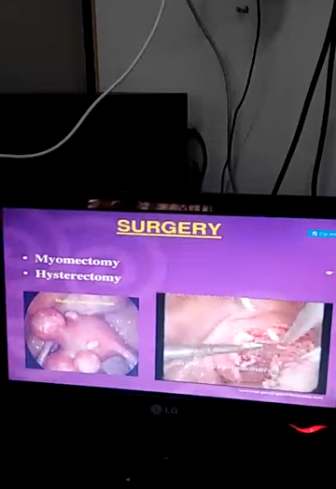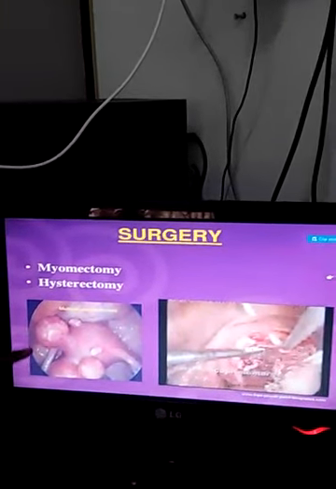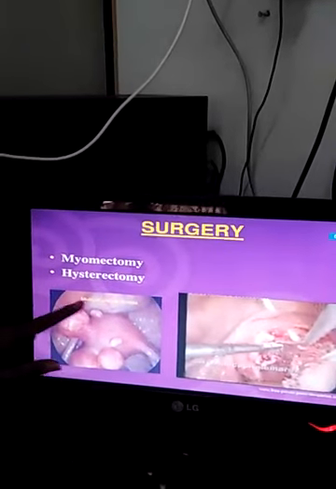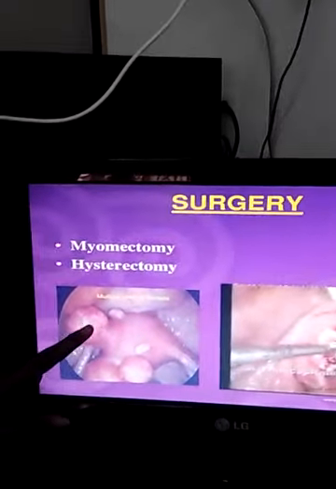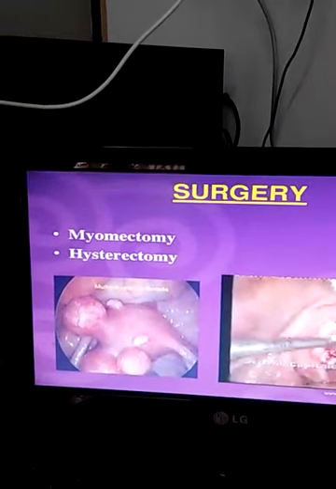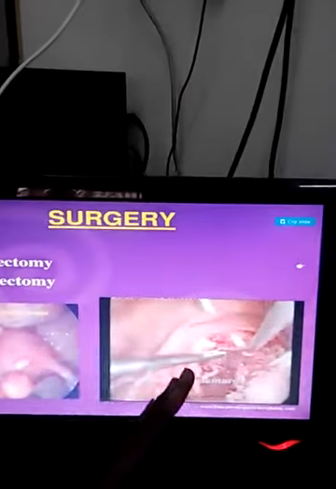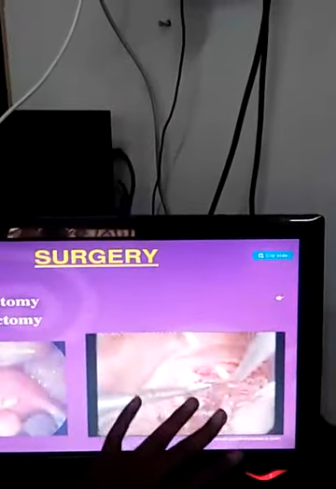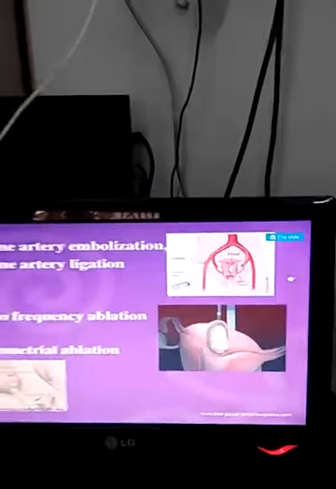This is the surgical treatment, myomectomy and hysterectomy. Myomectomy, as we see in this diagram, is where a particular small part is removed, when we want to preserve the uterus. And if the family is complete, then we can remove the complete uterus, that is the hysterectomy. That is what we see in this second diagram.